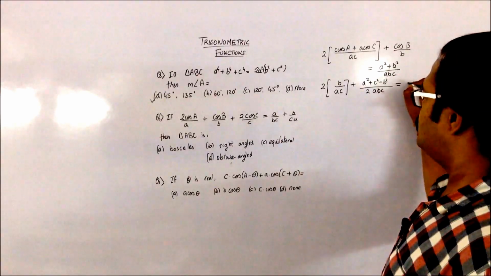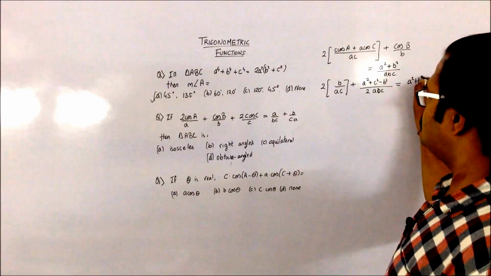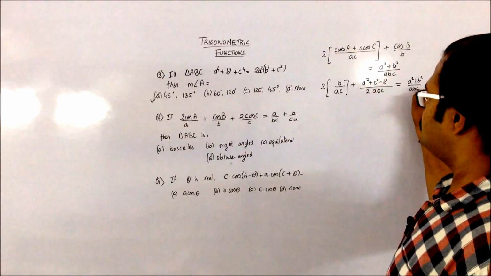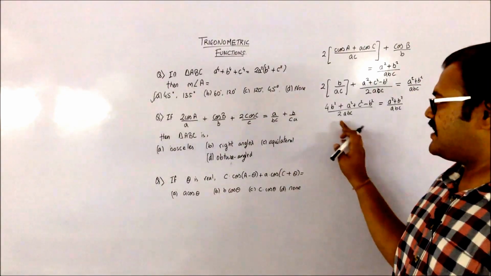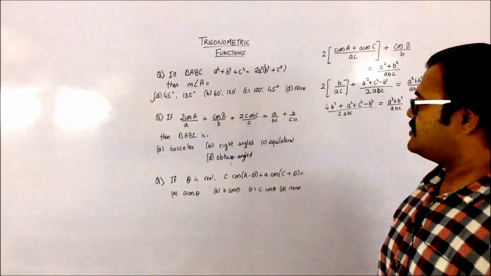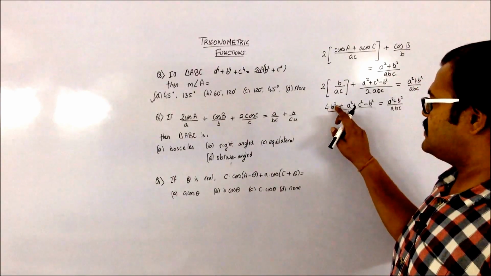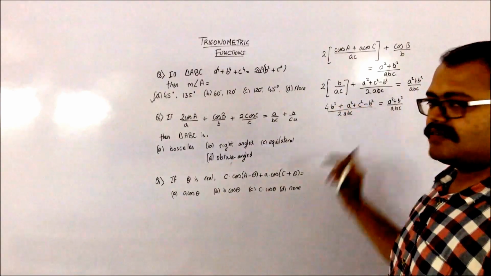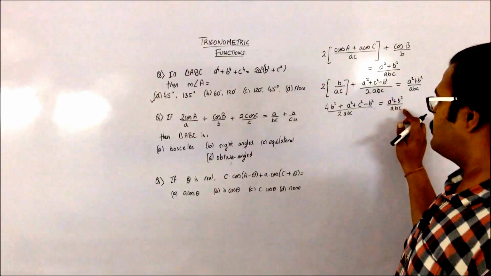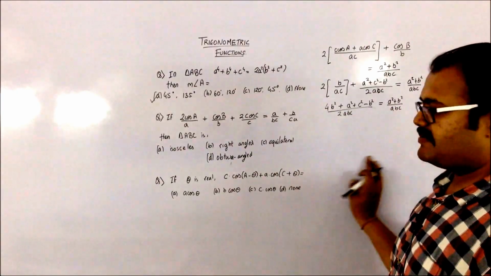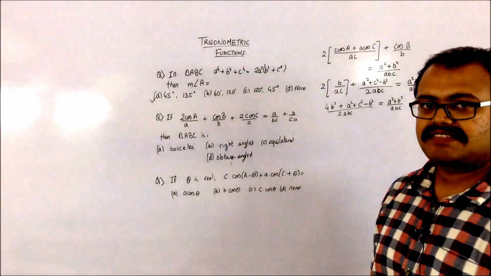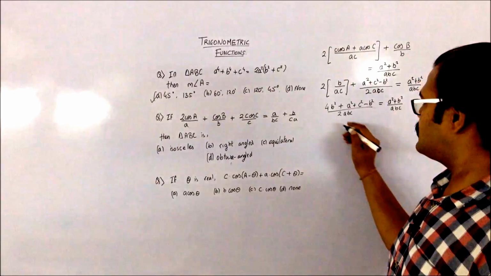This thing will be equal to A square plus B square upon ABC. So when you take the LCM, you will be having a LCM as 2ABC, and 4B square plus A square plus C square minus B square will be equal to A square plus B square upon ABC. So my ABC terms get cancelled, the 2 goes on that side.